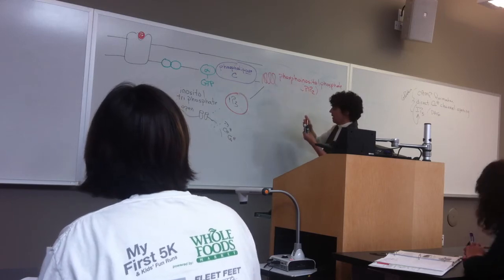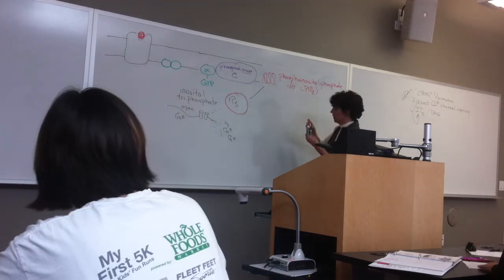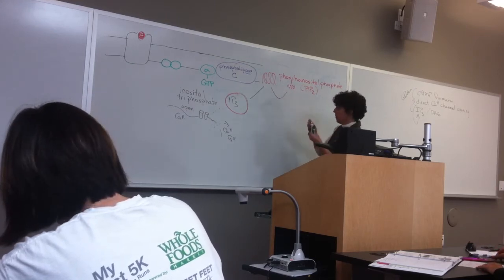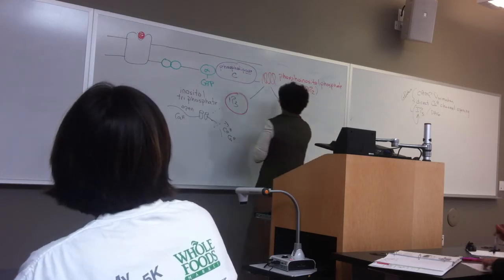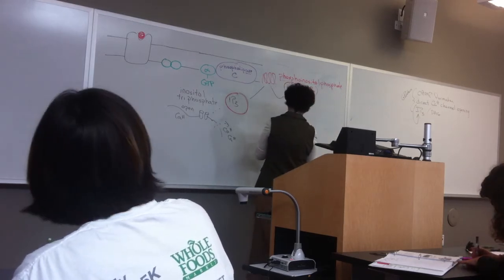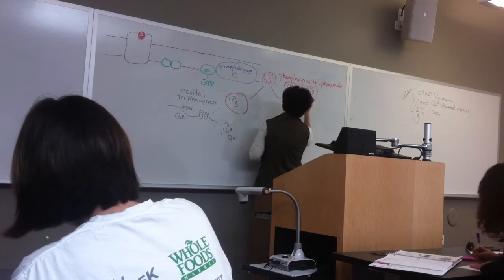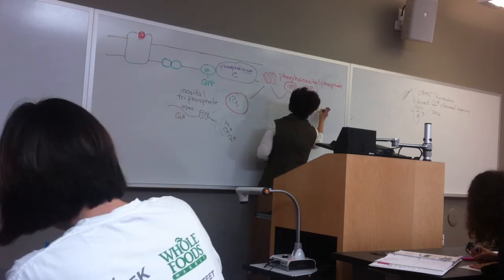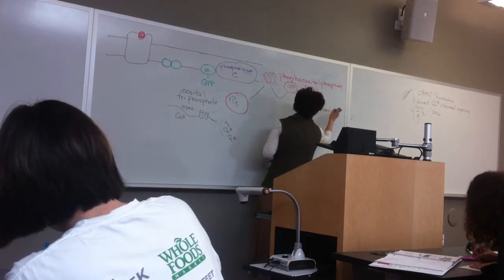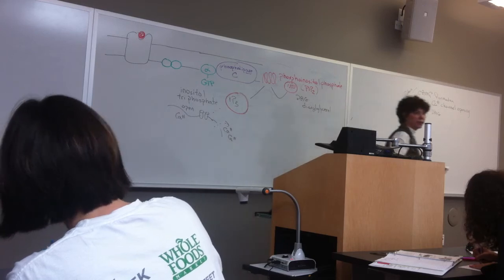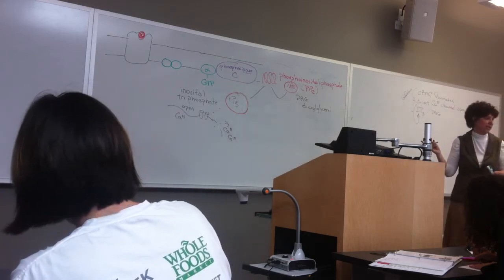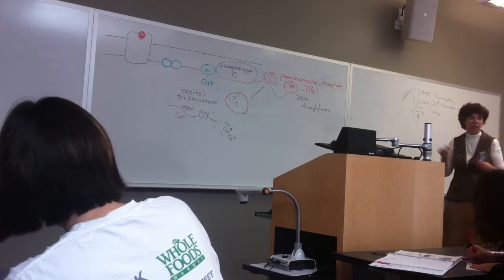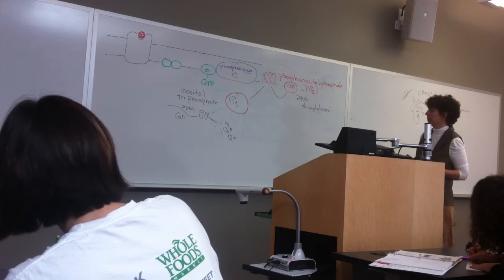So this molecule is known as diacylglycerol. Ever heard of triglycerides? So it might help you remember this is in the membrane by the fact that glycerides are lipids, and so this is a lipid-soluble molecule that's going to fit in that membrane.